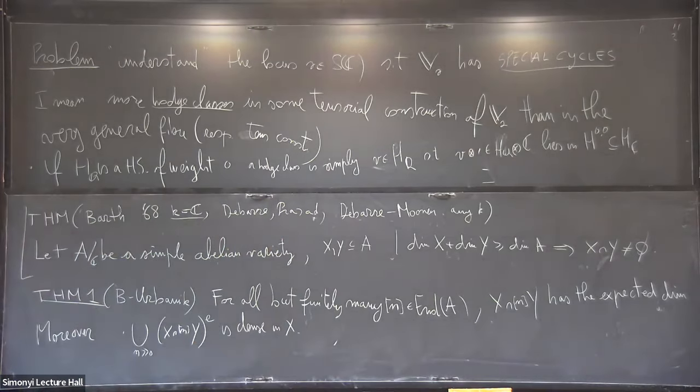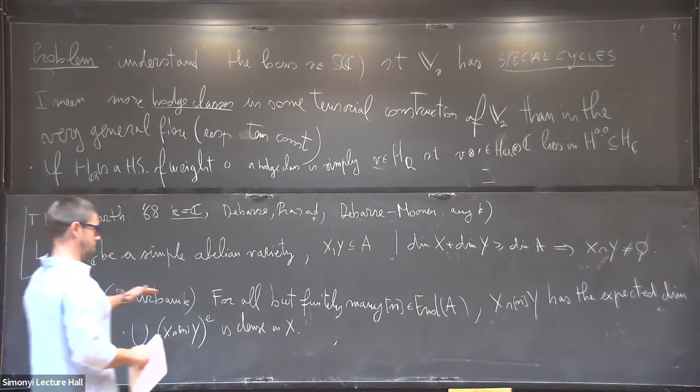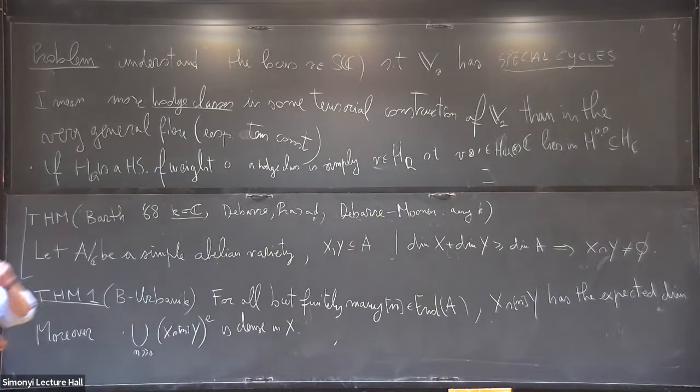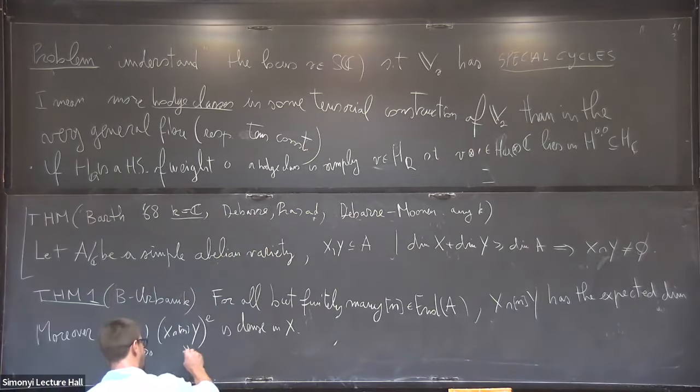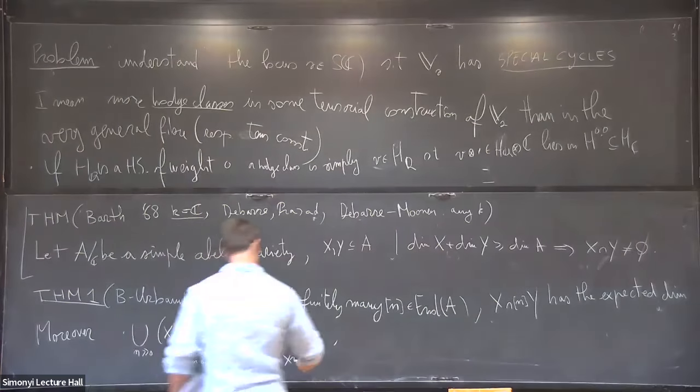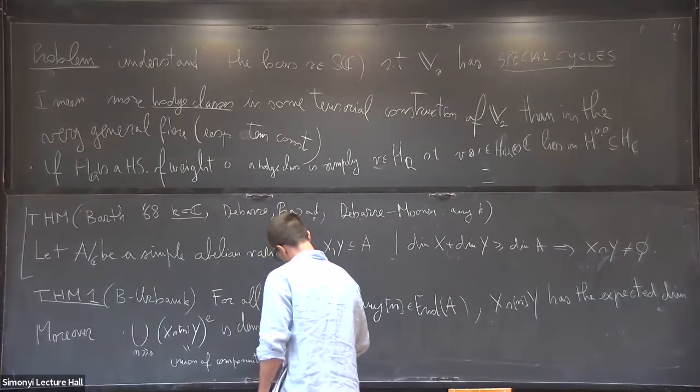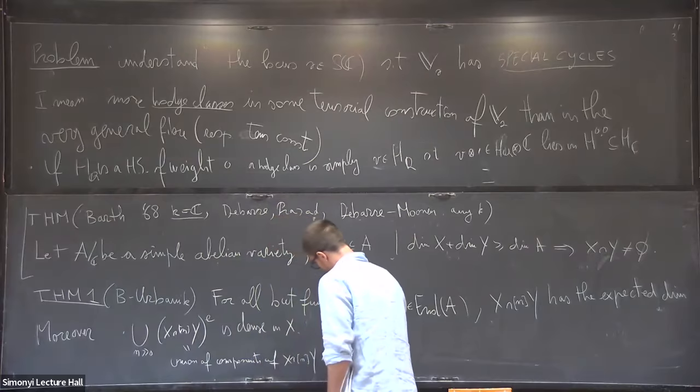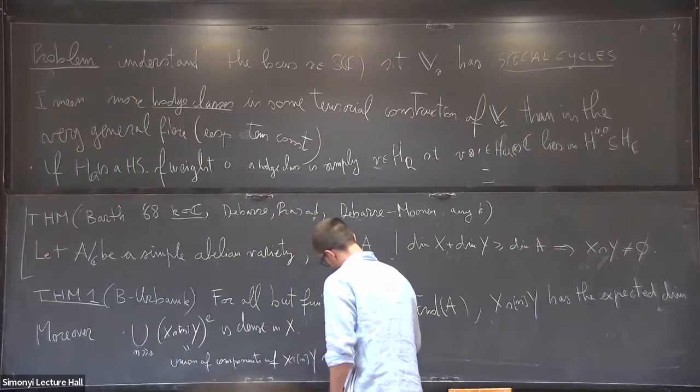Maybe this is not so impressive, but I will give you a more refined statement. But first of all, I want to explain how. Question: is n an integer or an arbitrary element of the endomorphism algebra?